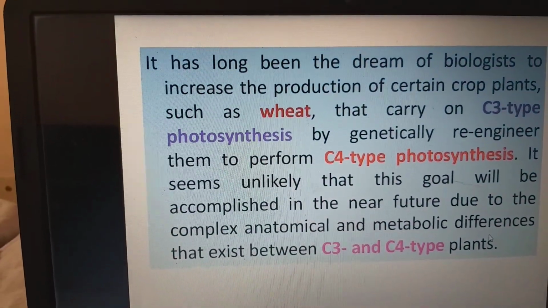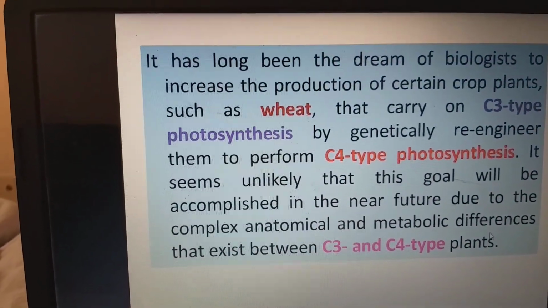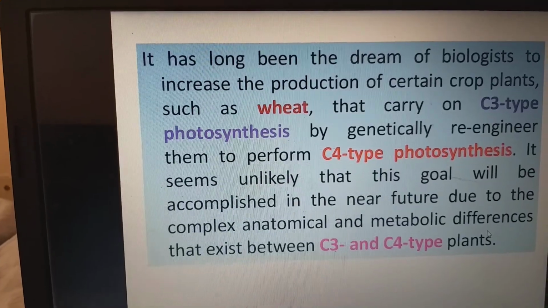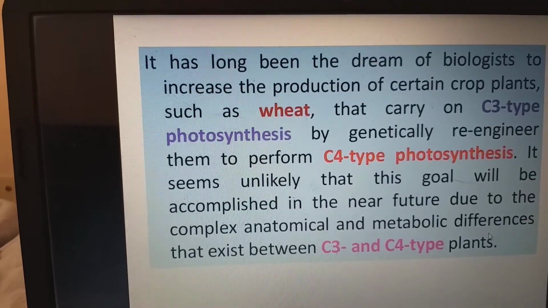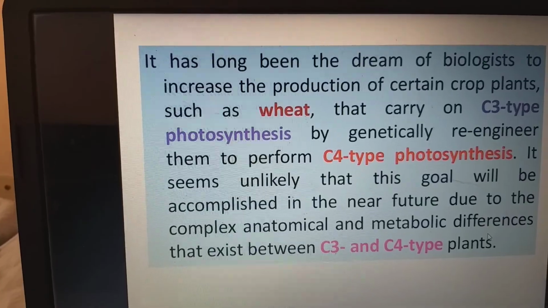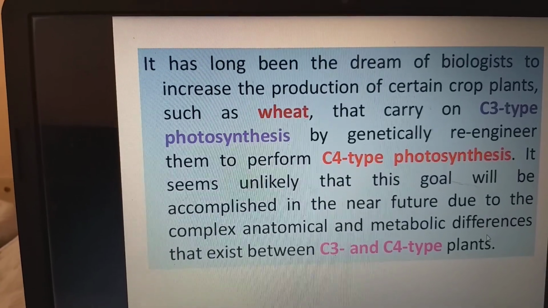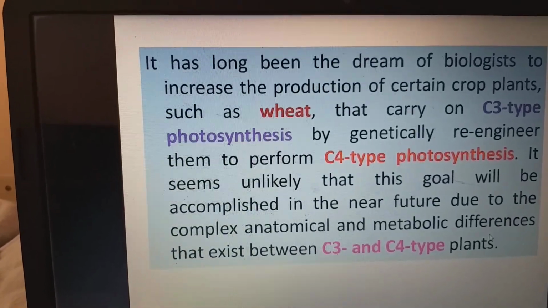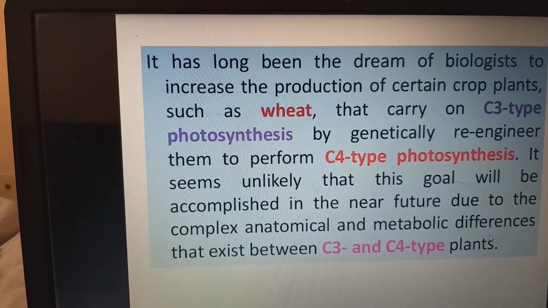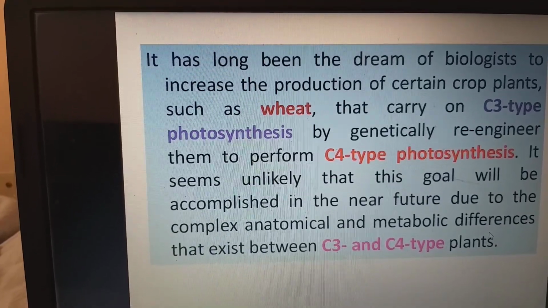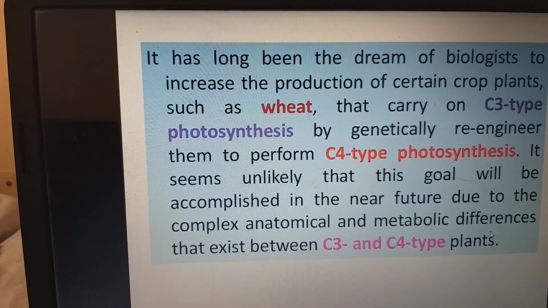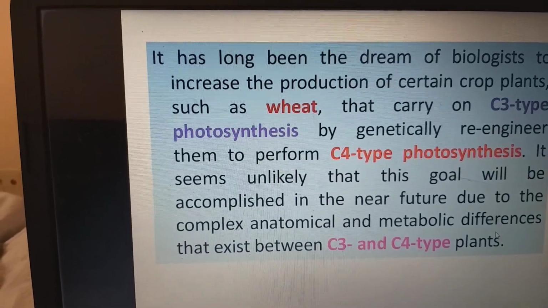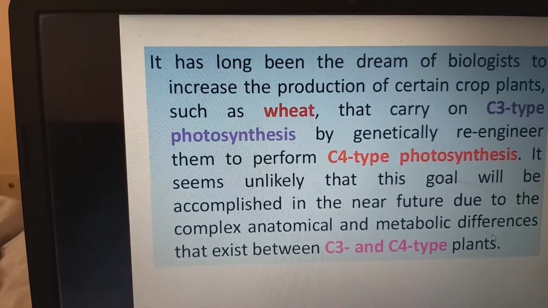It has long been the dream of biologists to increase the production of certain crop plants such as wheat and barley, which carry on C3 type photosynthesis, by genetically re-engineering them to perform C4 type photosynthesis. It seems unlikely that this goal will be accomplished in the near future due to the complex anatomical and metabolic differences that exist between C3 and C4 type plants.